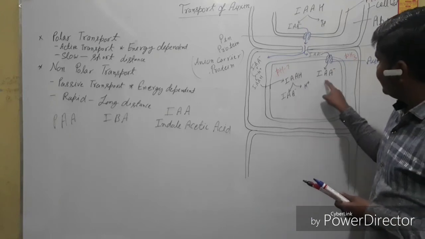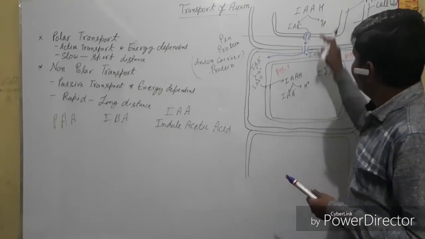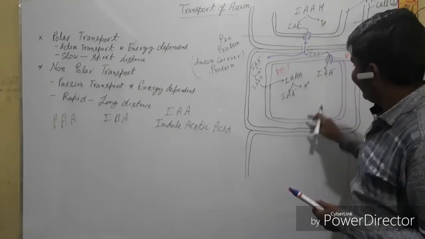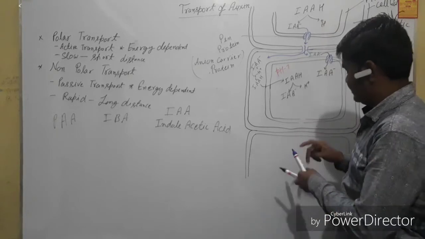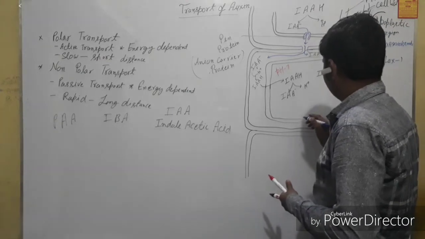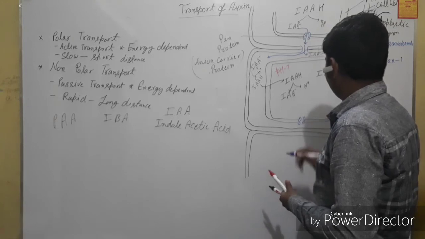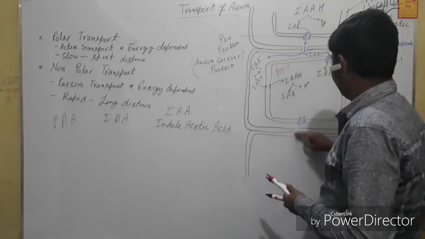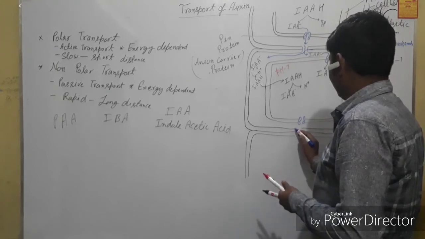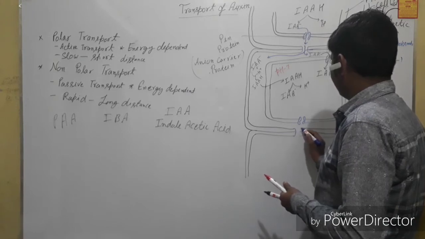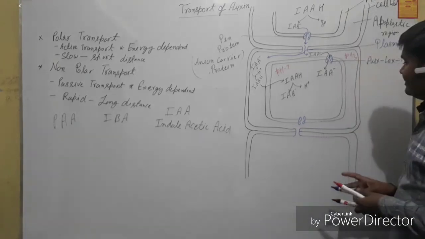Here both the auxins come like this, and here is also a plasma membrane, and plasmodesmata.